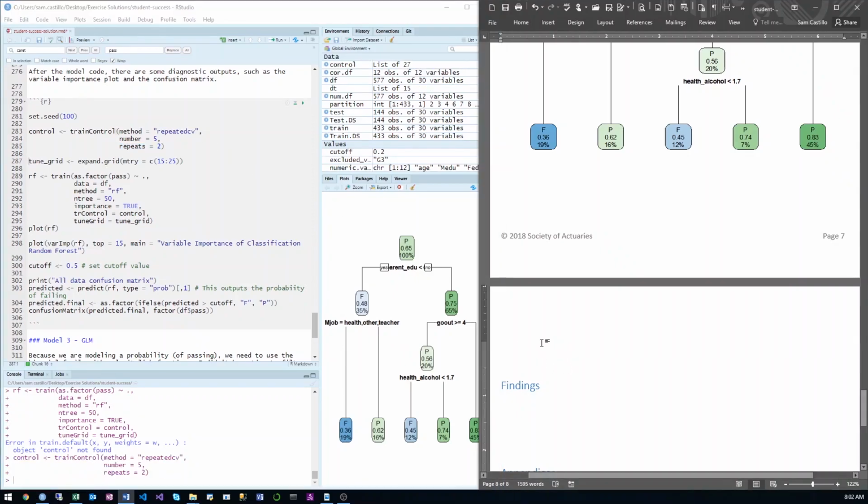Okay, so a random forest is an ensemble method which bags decision trees.